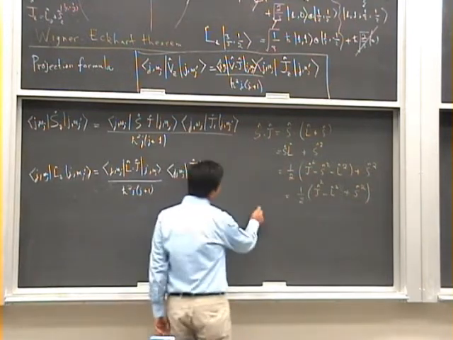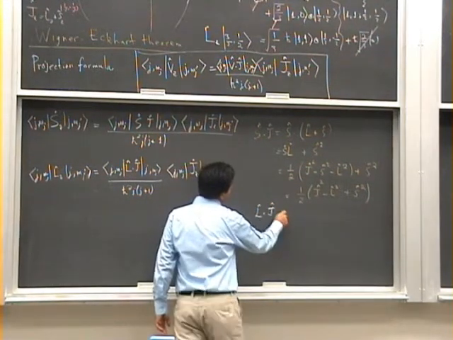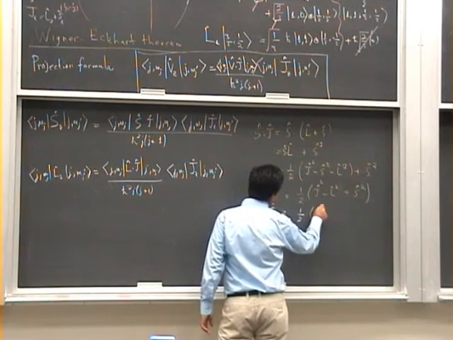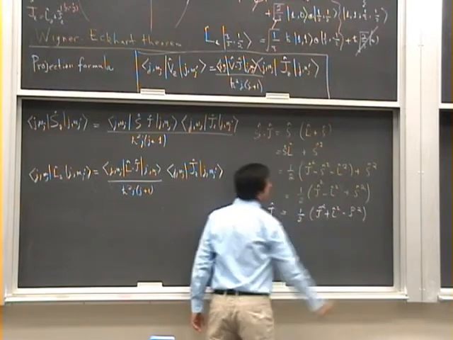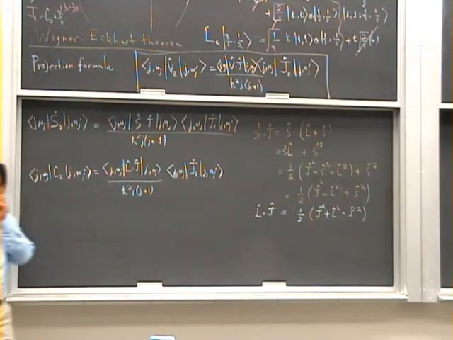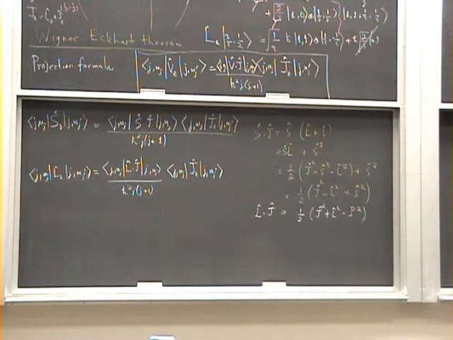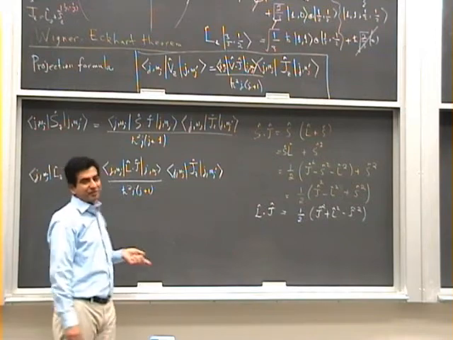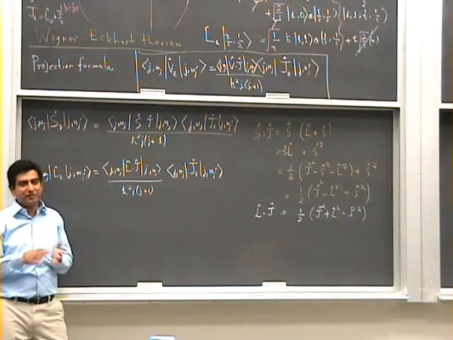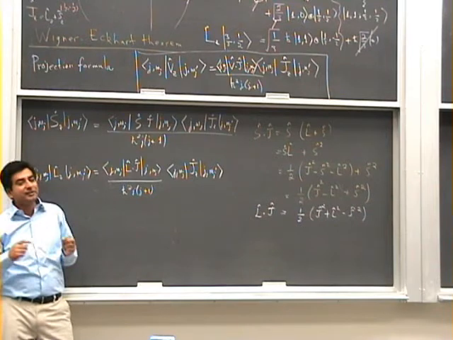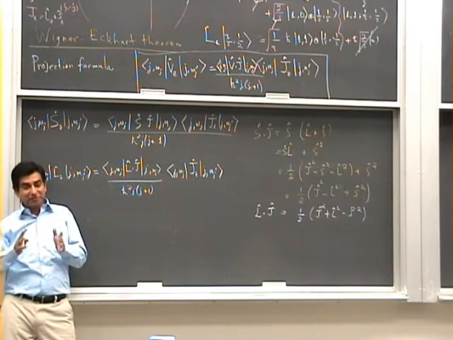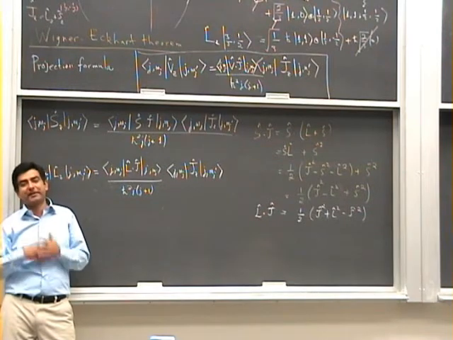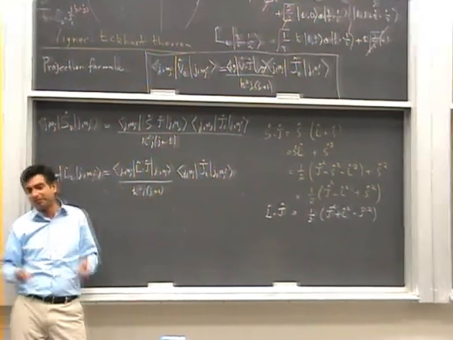Likewise, L dotted with J is half J squared plus L squared minus S squared. Right? Now let's express L dot J and S dot J, which are really interaction Hamiltonians, in terms of the total angular momentum operator and the angular momentum magnitudes for the first degree of freedom and the second degree of freedom, the orbital and the spin.